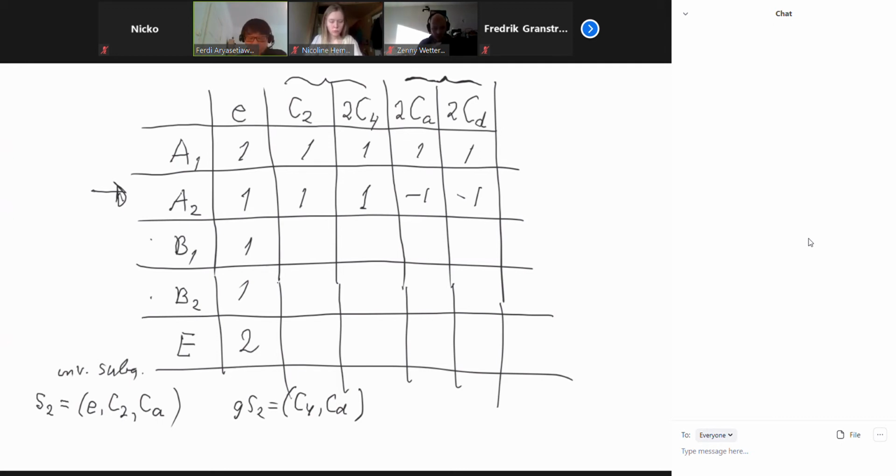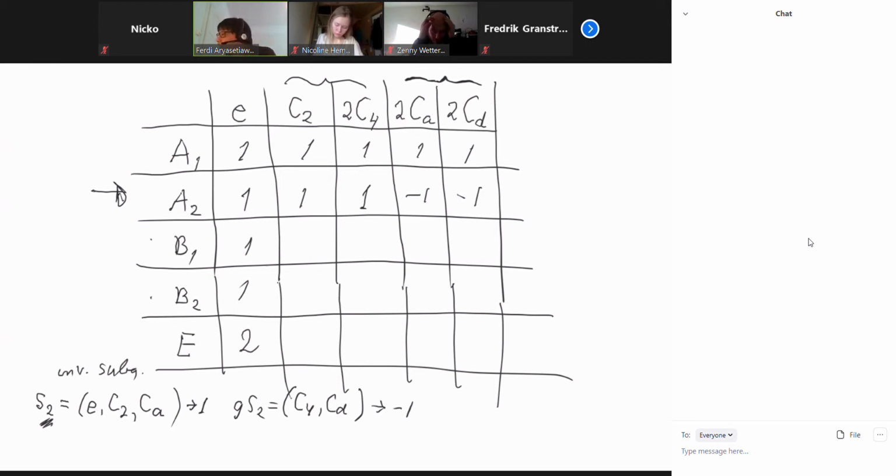It doesn't matter which element, as long as it is outside S2. Obviously, if you take a G within S2, then you get back S2, because it's a subgroup. So now I can associate this with 1, because this is the unit element, and this one with -1.